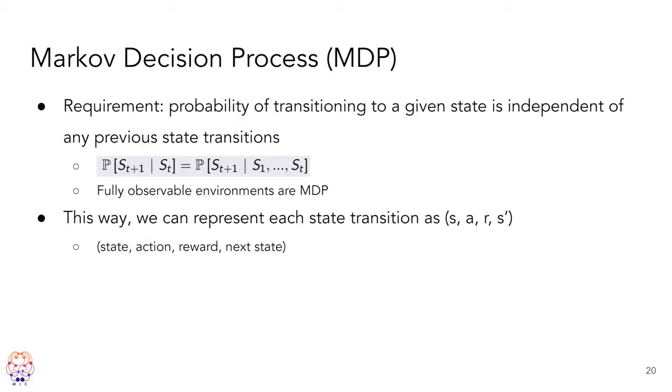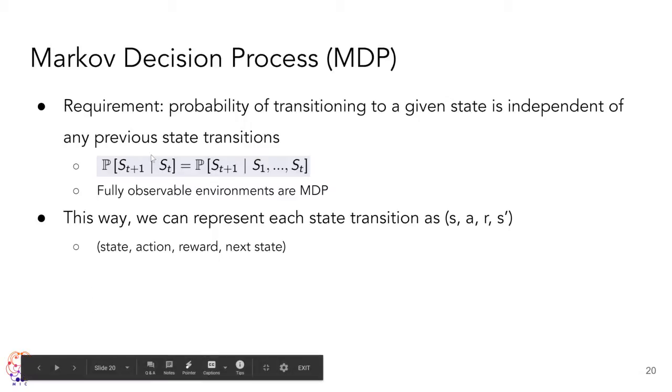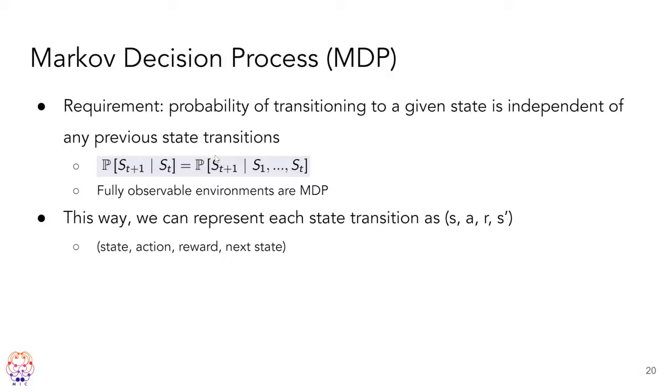So now we're going to formalize everything in some equations here. An important part of reinforcement learning is the Markov decision process. This is basically the process describing where if you want to move into a next state, it depends only on the immediately previous state and not the ones before that. So you can express this as the probability of having the next state given the current state is the same as the probability of having the next state given all previous states.